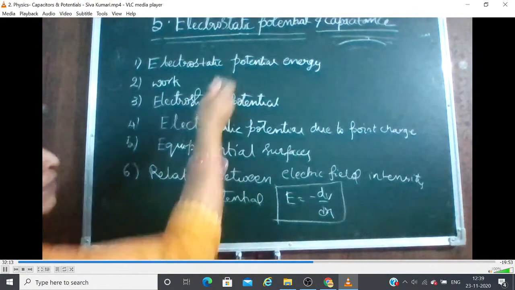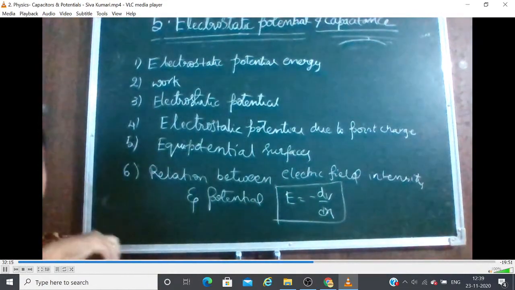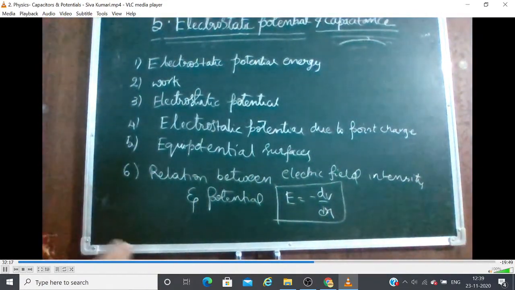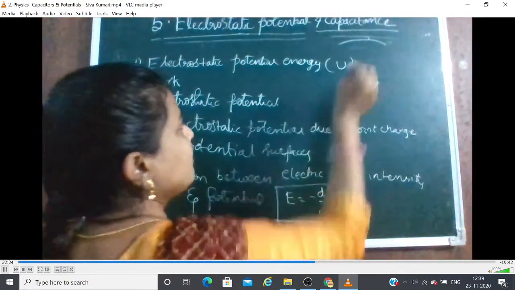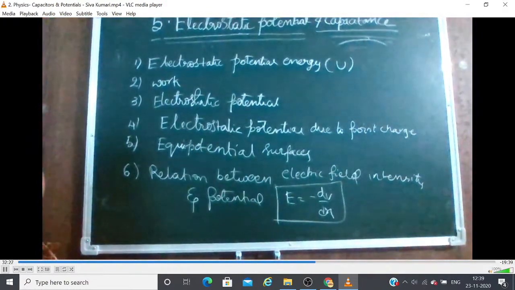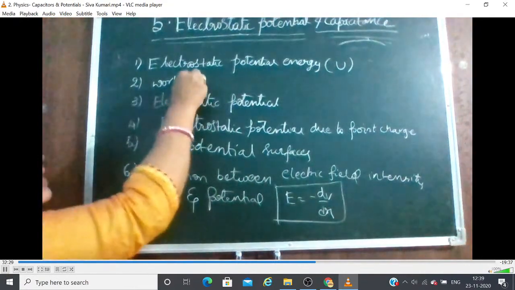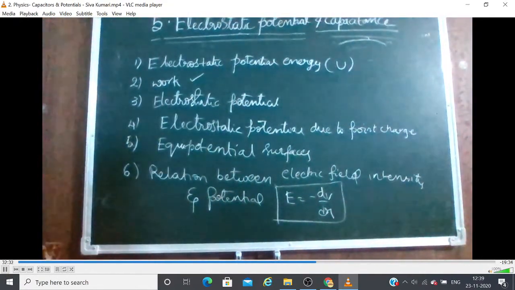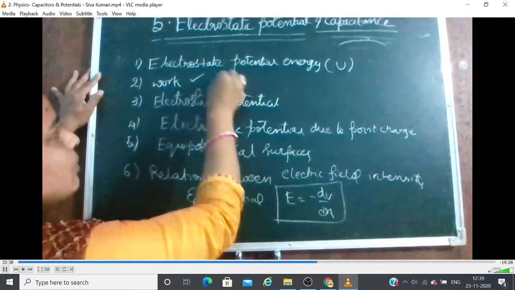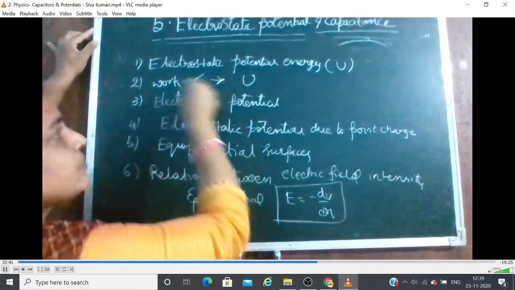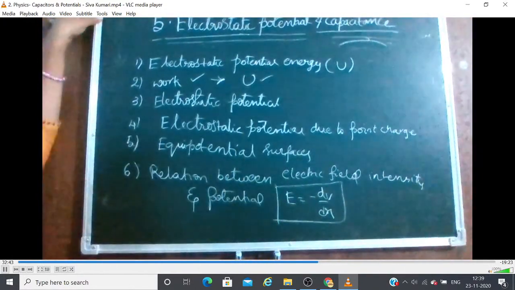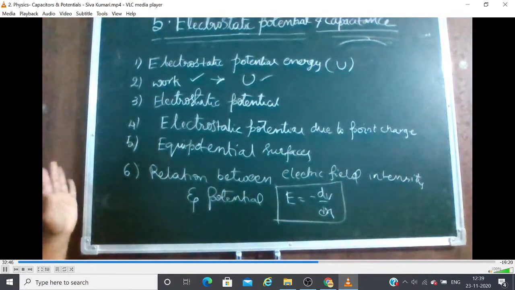In the starting we have the electrostatic potential energy, and how the energy is acquired by the positive charge. In bringing a positive charge, some external work should be done. That work which we have done will be stored in the form of potential energy.